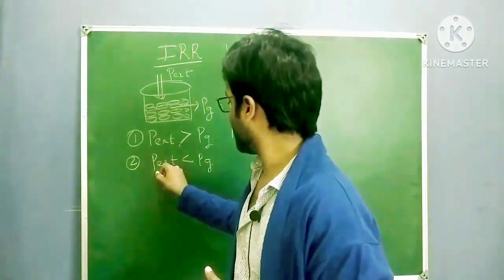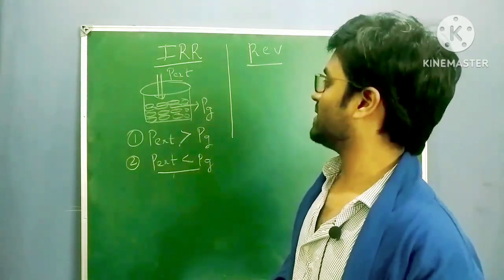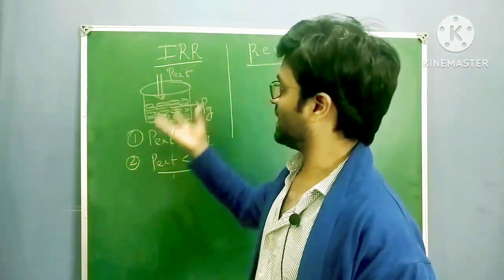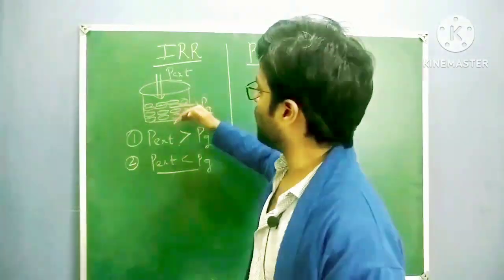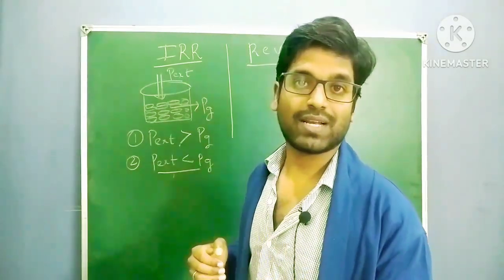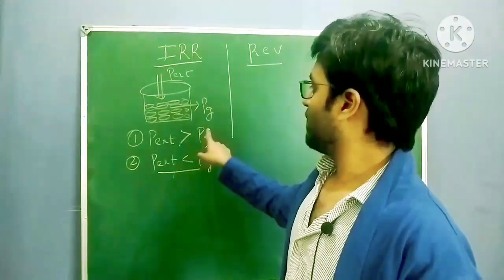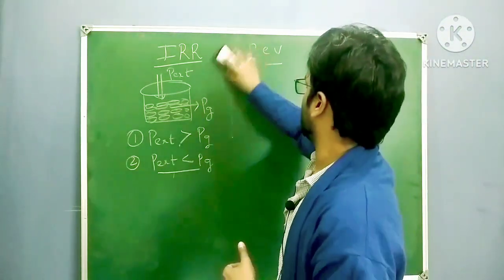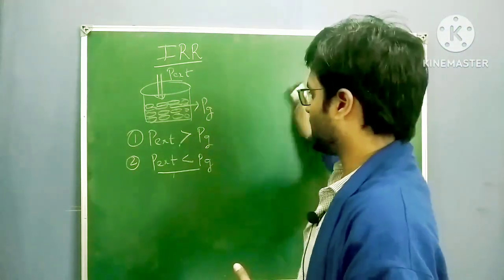Okay, so whenever P external is less than the pressure of the gas, the internal pressure is higher than the external pressure, so the volume of the gas will increase. That is nothing but your expansion. Clear or not?